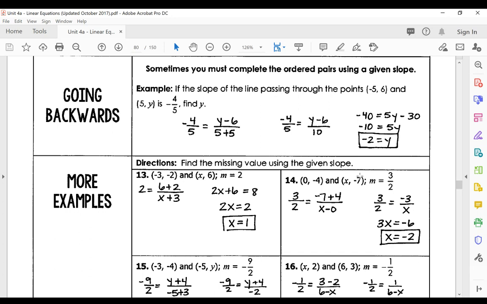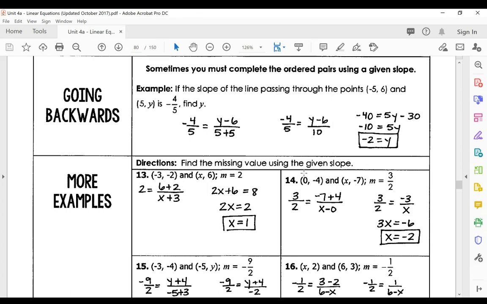The y value from the second point, -7, minus the y value from the first point, -4. -7 minus a -4 is -7 plus 4. In my denominator, I subtract my x coordinates. x minus 0, the x coordinate from the second point minus the x coordinate from the first point.